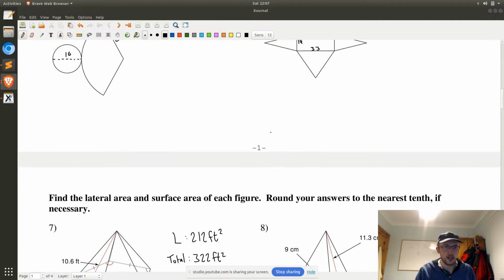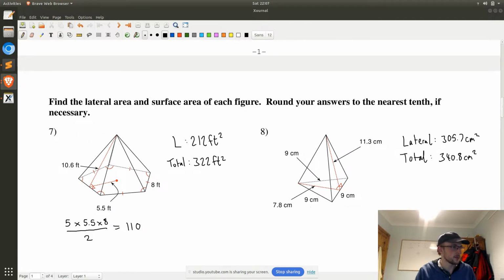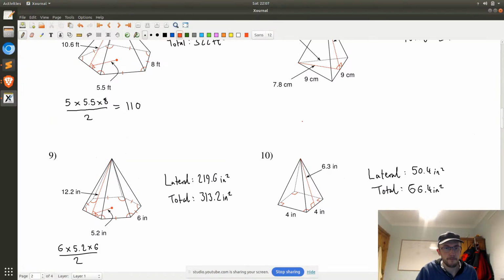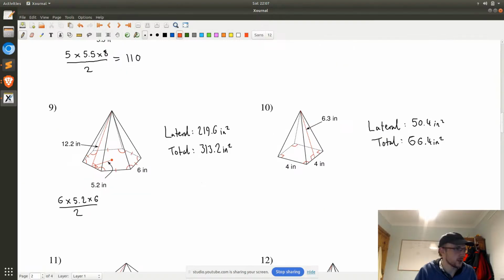Okay, so that's all correct so far. That's correct. That's good. Darn it. That's not. But the gap between them is. Okay, so I like that. So I just have to redo the lateral. Let's see how this one was. Okay, that's correct. That's good.